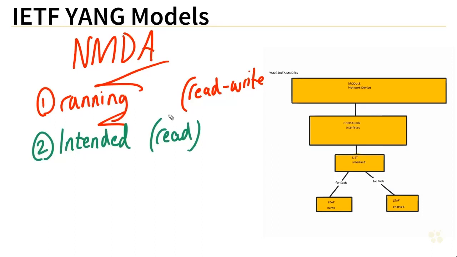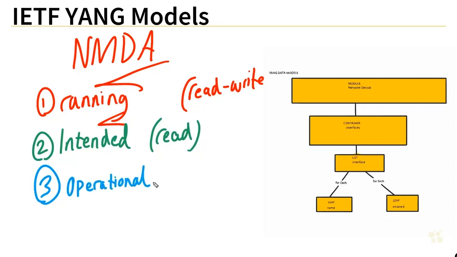Now you might think, what even is the point of this? Well, realistically, in very basic servers, it's going to contain pretty much the exact same information as the running. But in more advanced servers, you can also have additional information in this read-only data store, such as templates and inactive commented out configurations.